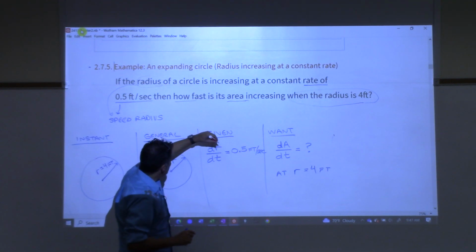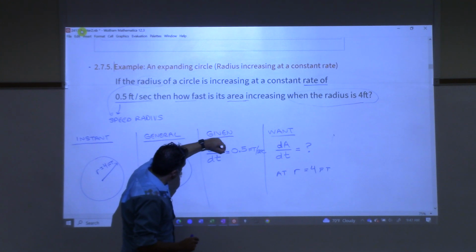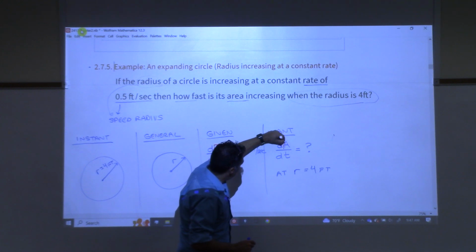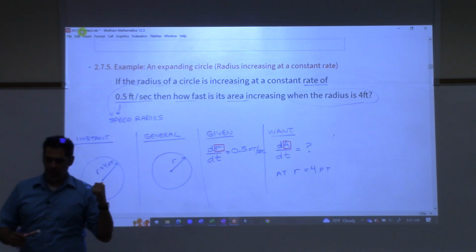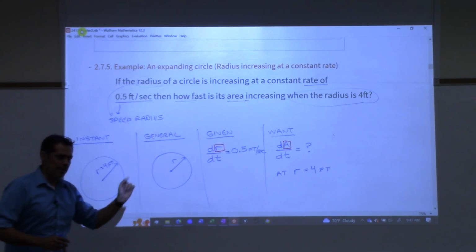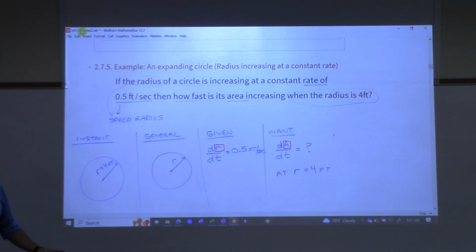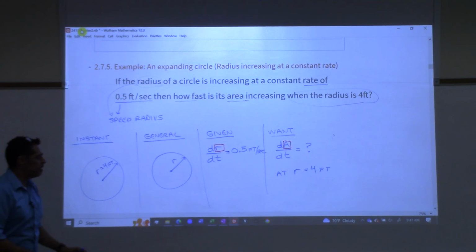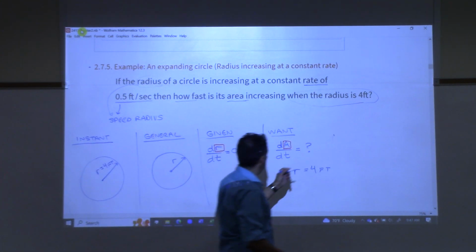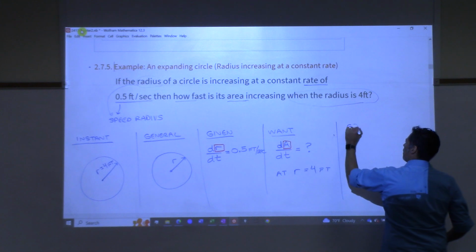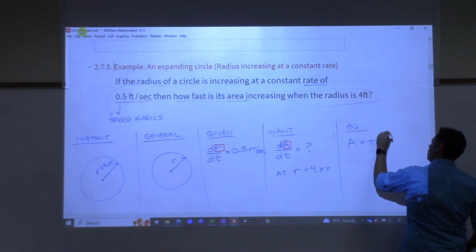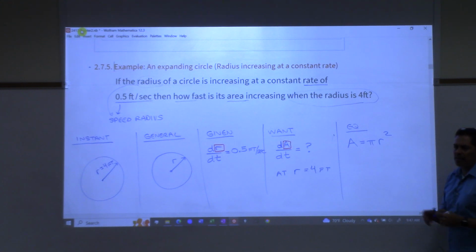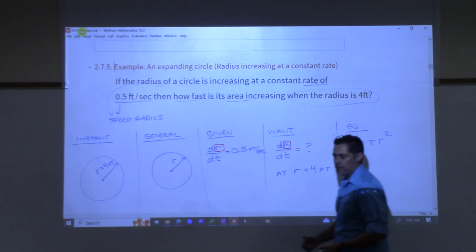I need to find an equation that somehow relates this r variable, the radius, to the A variable. Any equation I can think of that involves a circle that connects the area to the radius? And we know one, right? There's an obvious one. We just used it a moment ago, right? So the equation would be area is pi r squared, right?